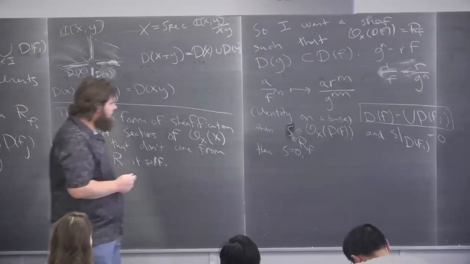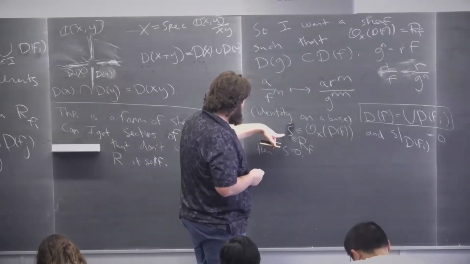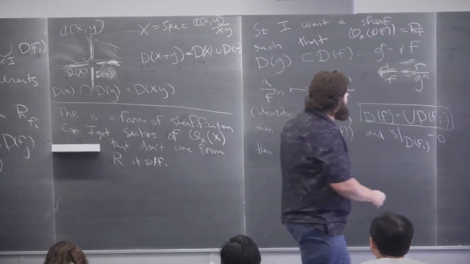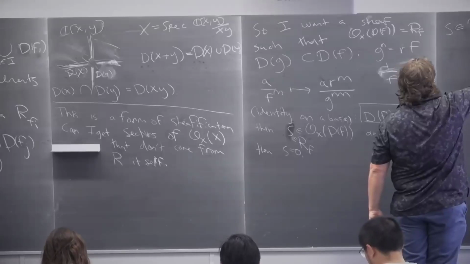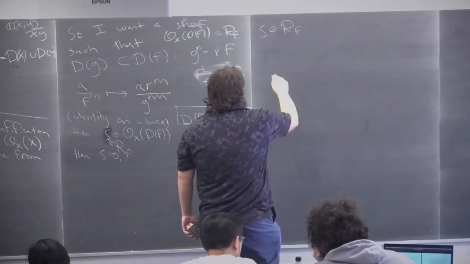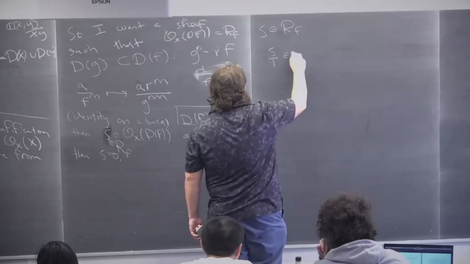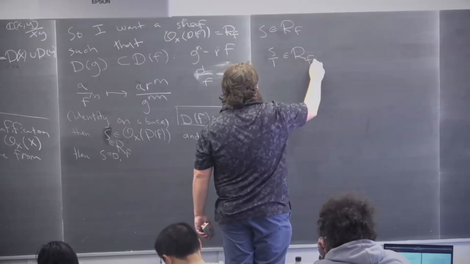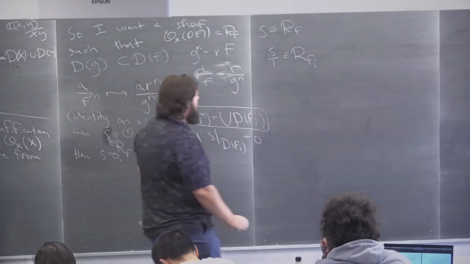All right. So imagine this does happen. So I have some s in R_f. And if I think of s in R_{f_i}, then I get zero.